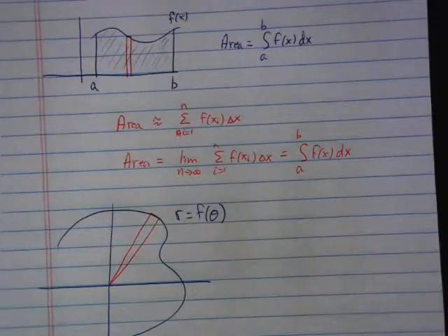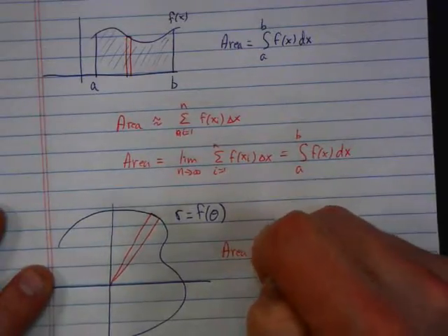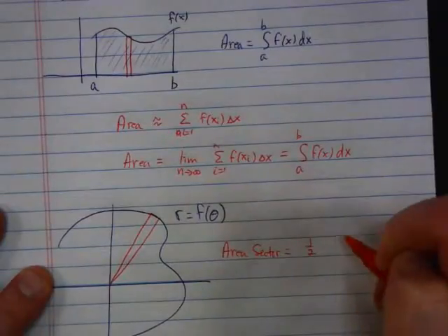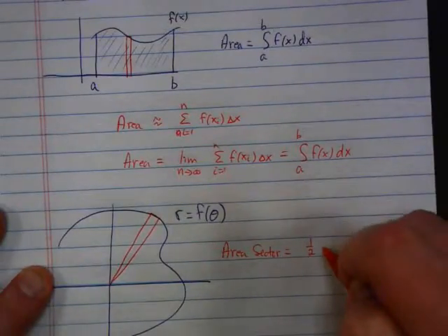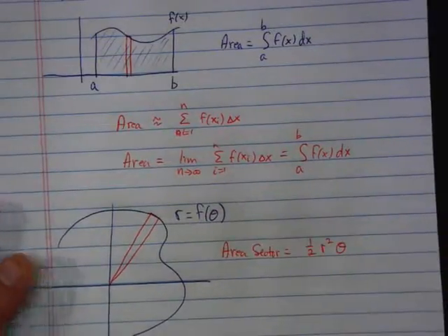Does anybody remember the formula for the area of a sector of a circle? No, I didn't expect you to remember that. The area of a sector is 1/2 times the radius squared times theta.